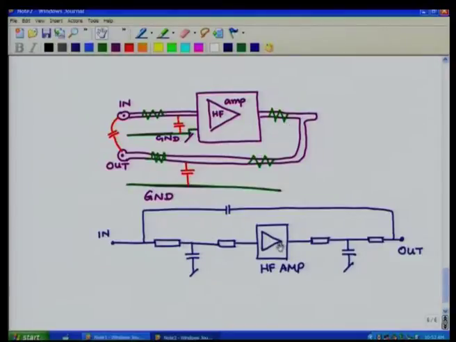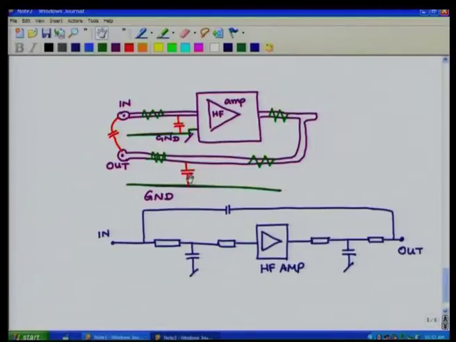So, what effectively happens is that the bandwidth of the high frequency amplifier gets limited. Because of these low pass filters, the bandwidth is much limited compared to what you would actually have designed. Okay. So, these are some of the effects that would come into play if you are not careful.